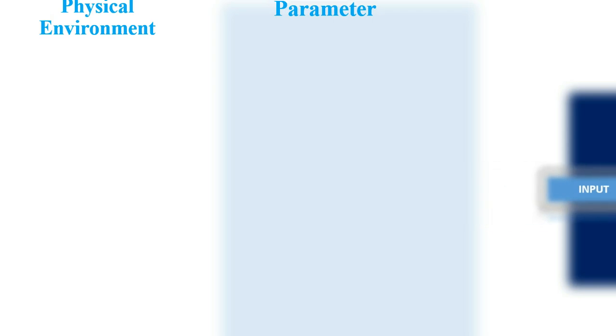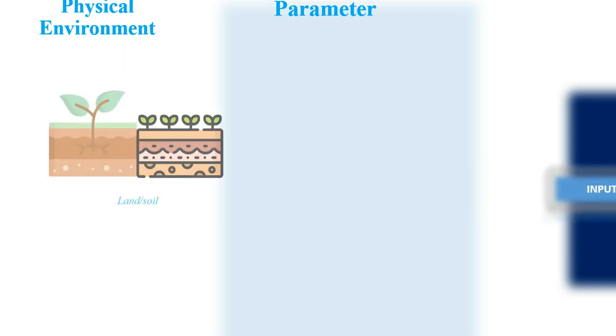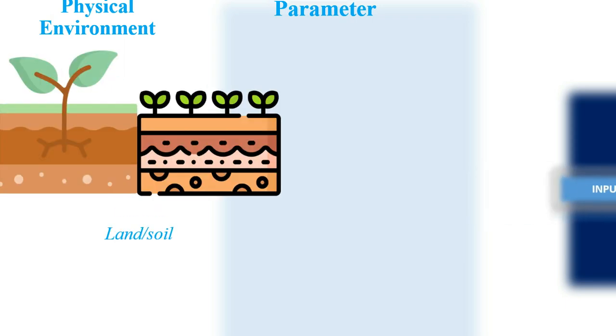Right. Now let's talk about each physical environment and the parameters that we can actually look at and take as input into our computing device. For instance, let's talk about land or soil. We won't talk about all, but we'll talk about some. We can talk about soil type. Is this soil type suitable for potatoes?